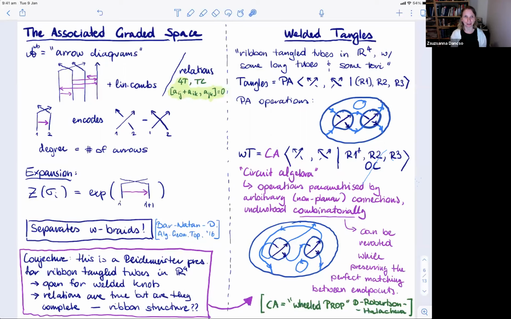So it's a complete invariant of welded braids. This is in a paper of Dror and myself from 2016. So that's a bit of a surprise that this is so easy compared to the classical theory, which is rather complex.